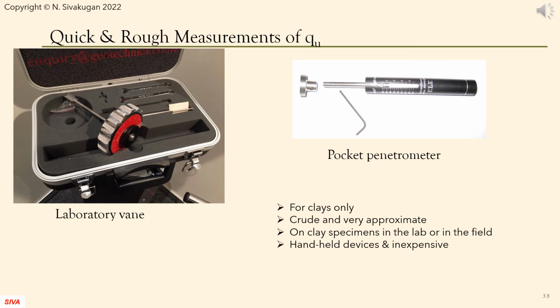The term unconfined compressive strength applies to clays only. In the field or on laboratory specimens, it can be crudely estimated by a pocket penetrometer or laboratory vane.